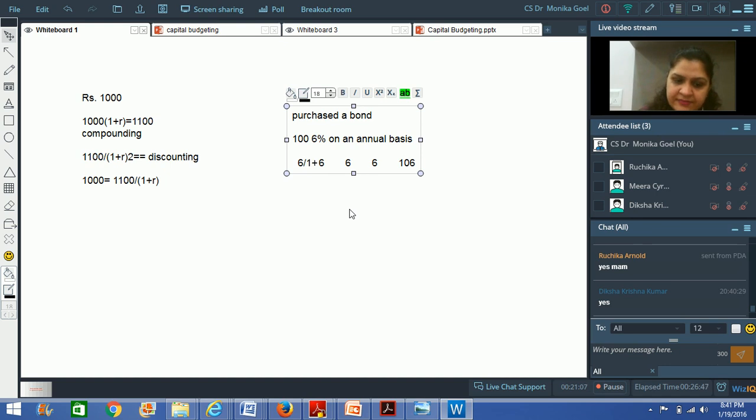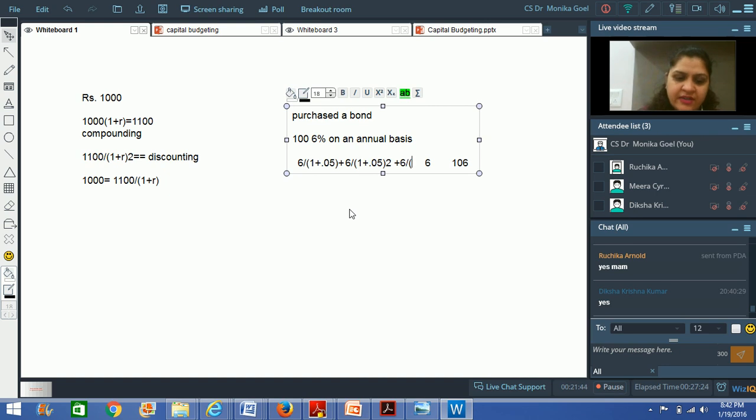The present value of this 6 rupees is 6 divided by 1 plus R. If R is 5%, it is 6 divided by 1 plus 0.05. In the second year, I get 6 rupees again, whose value is 6 divided by 1 plus 0.05 raised to power 2.